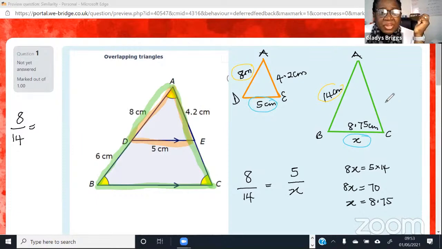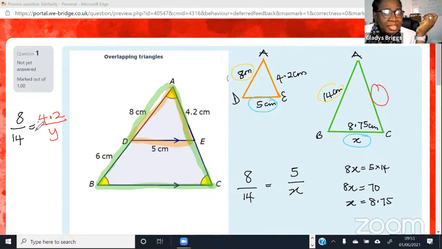So this is the length that we're looking for now. Guys, give me a second to figure this out. Yeah, it's equal to 4.2 over, let's call that y, okay?